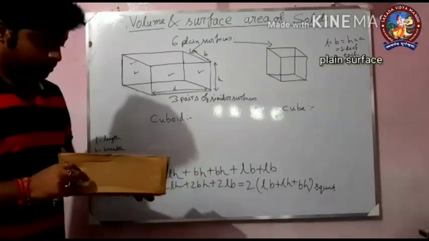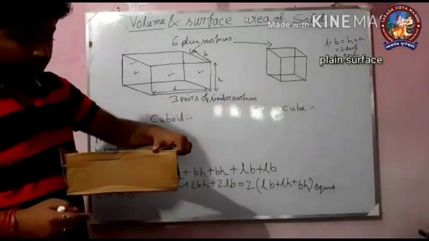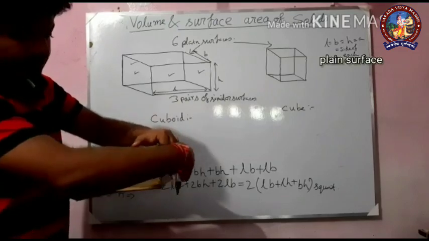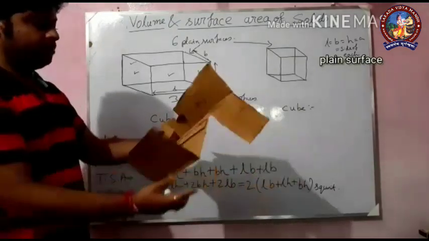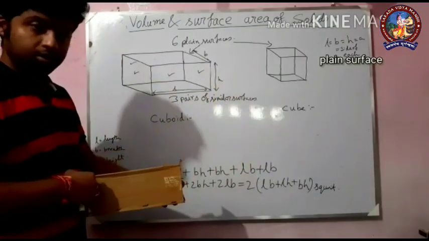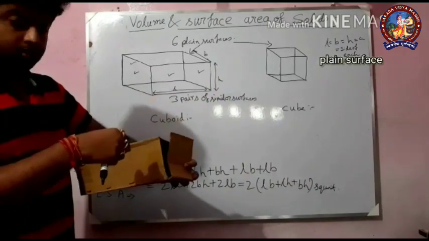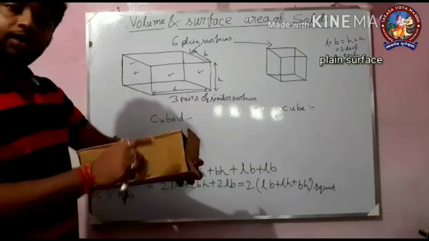See here, lateral surface area means we have to find out this surface, this surface, this surface, and the back one. That means the 4 walls of this box, not the roof and not the floor.